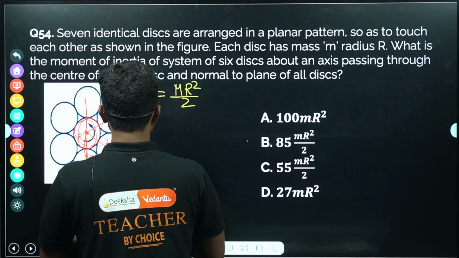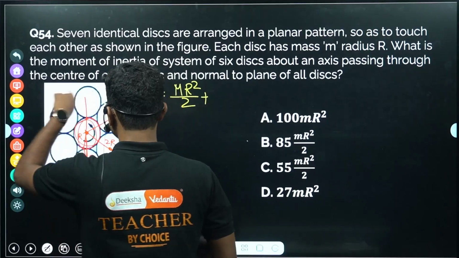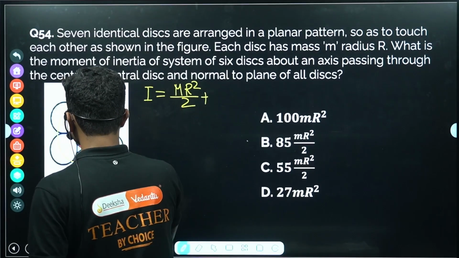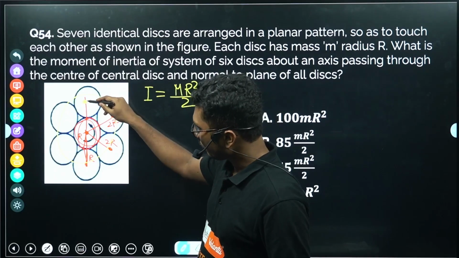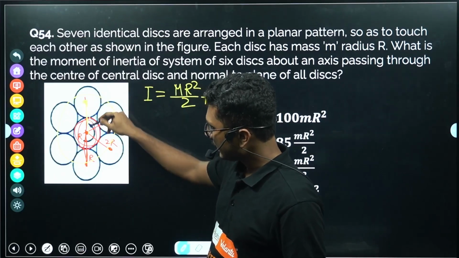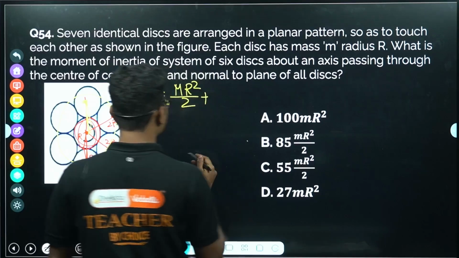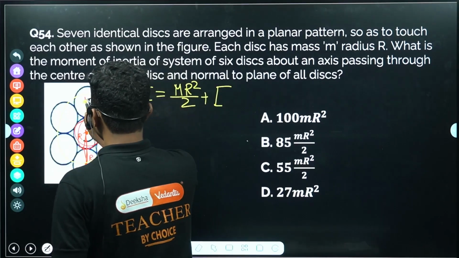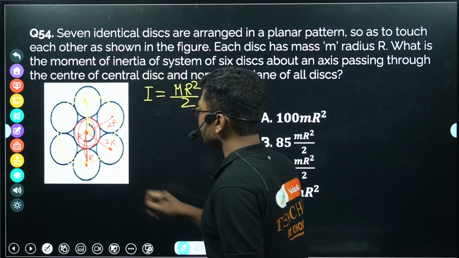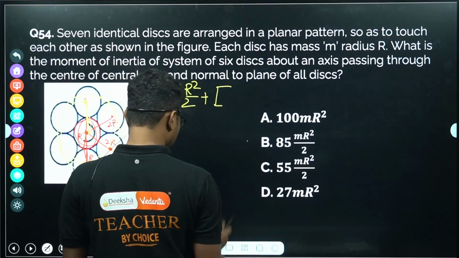Now, moment of inertia of all other discs will have two components. One component will be along this axis, another component will be along the parallel axis, right? Parallel axis theorem is now deleted from the KCET syllabus, but it is there in JEE, so I am solving it. Now, for all the 6 circles, it will be the same.